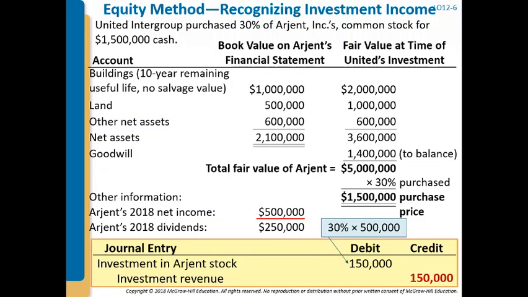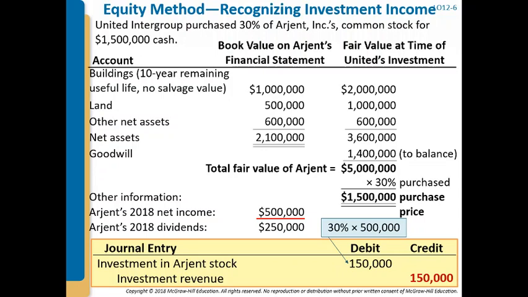Now, as far as the net income, what United must do is account for their portion of Argent's net income for the year. Here, Argent has made $500,000 for the whole year in net income.